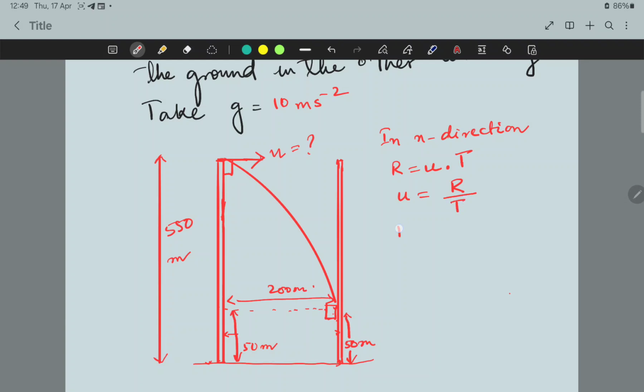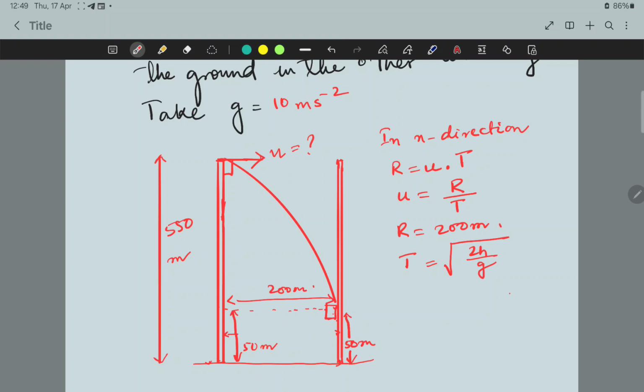Now here R is given, R is 200 meter, but we don't know t. So for finding t we have the formula root over 2h by g. I hope you all know by now how t is coming as root over 2h by g.